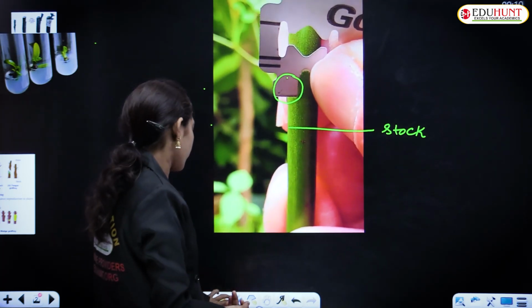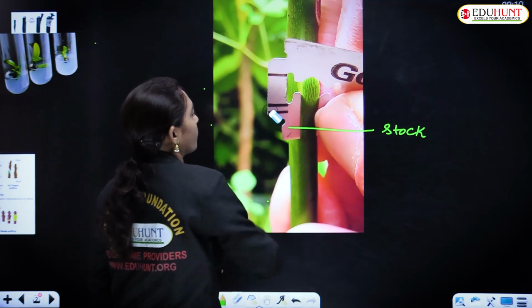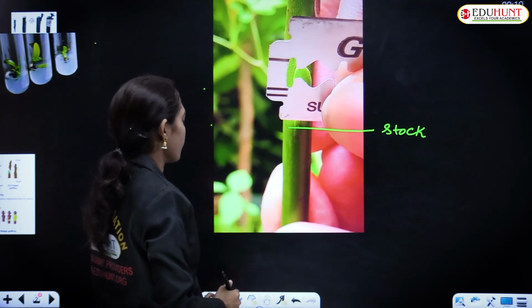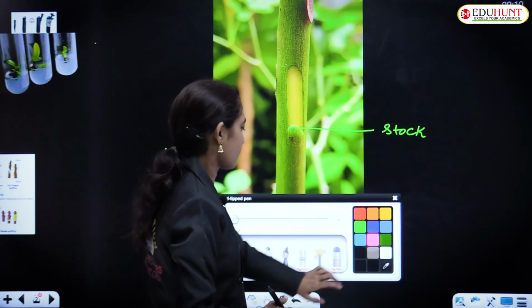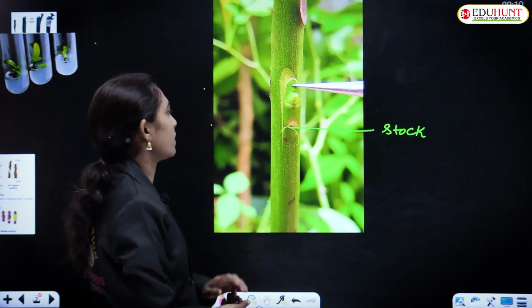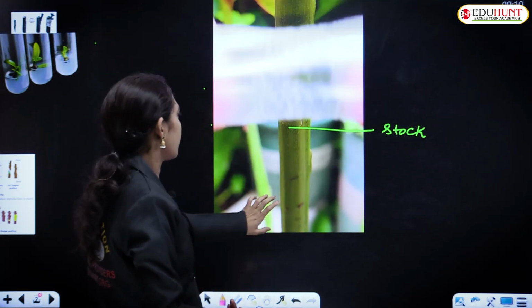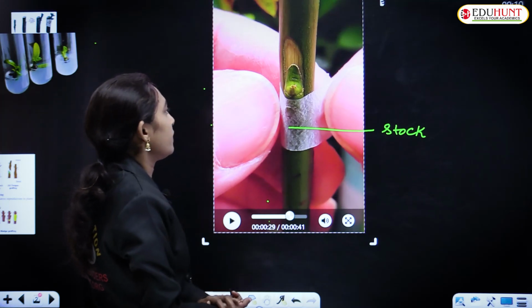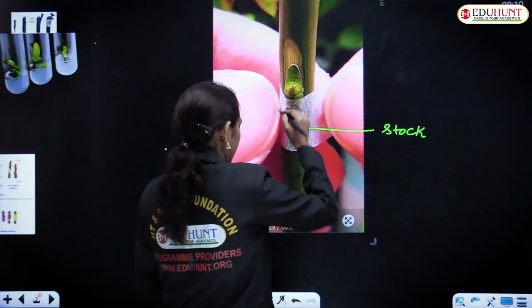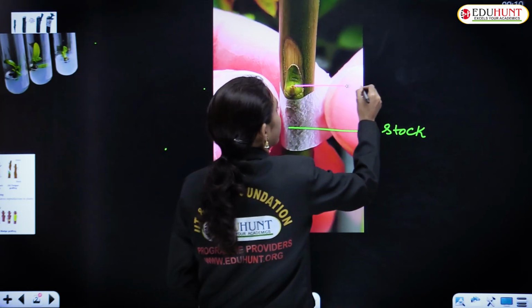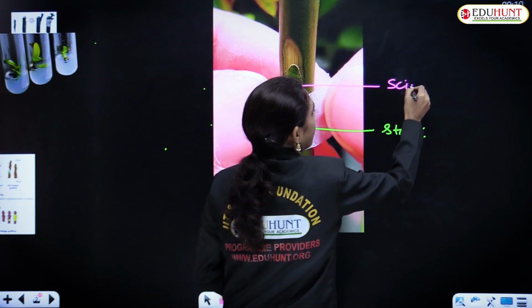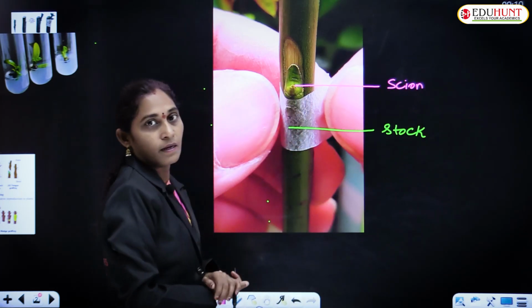Now, see another. Yes, this is the scion.